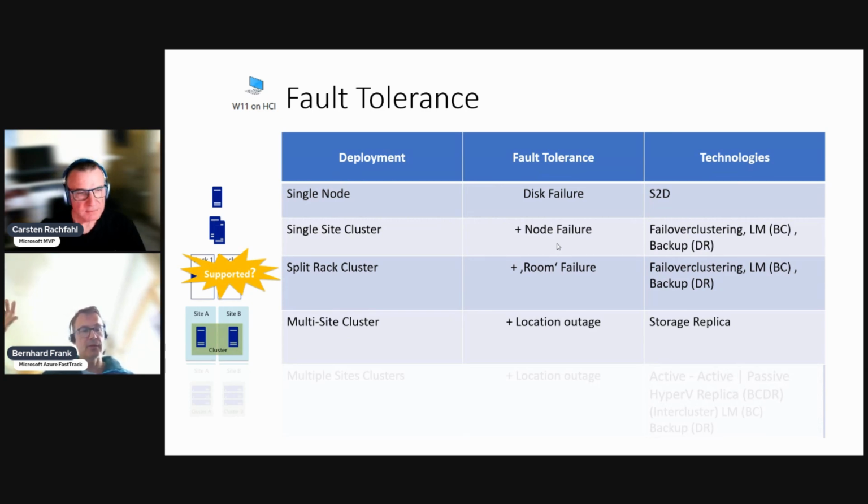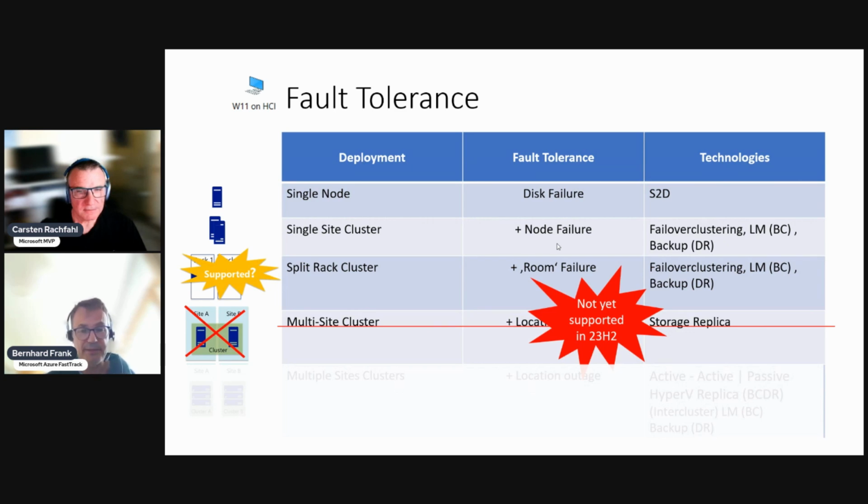It could be different cities, for example. We stretch the cluster from one side to the other. There is a high-speed network between those two. However, it's seen as a single cluster that is site-aware. Storage is replicated using Storage Replica.